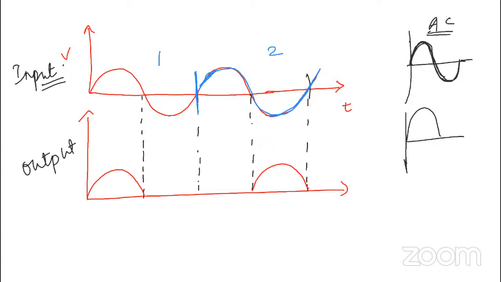Okay, so now how many input waves are sent to the half wave rectifier? Here it is the AC circuit. How many waveforms should be sent in the AC circuit? Tell me how many input waves we have taken. So here it is 1 and here it is 2. 2 waveforms we have to take.